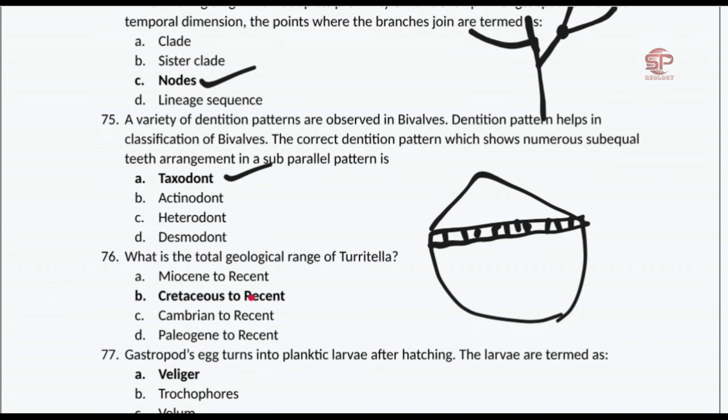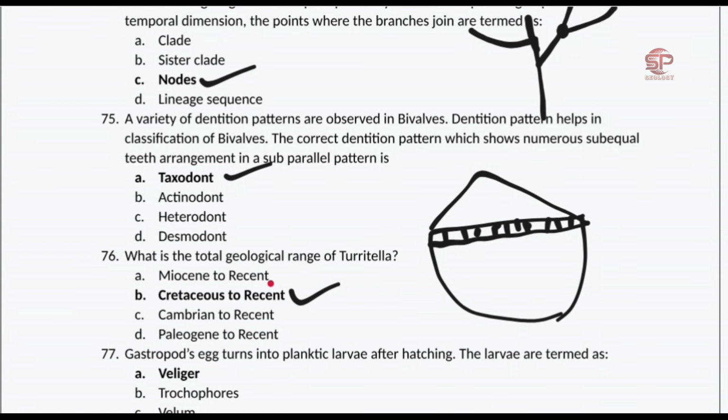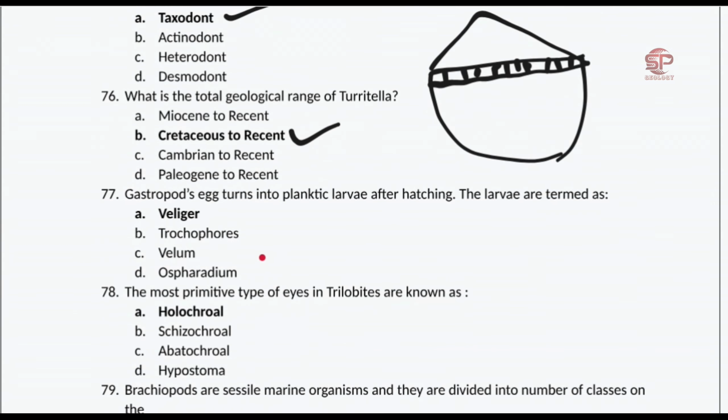Then, what is the total geological range of Turritella, which is a data question? It is from Cretaceous to recent. Then, gastropod eggs turn into planktonic larva after hatching. That larva is called a veliger.